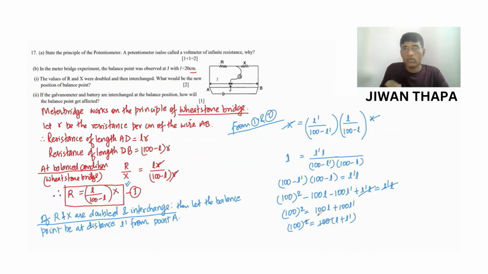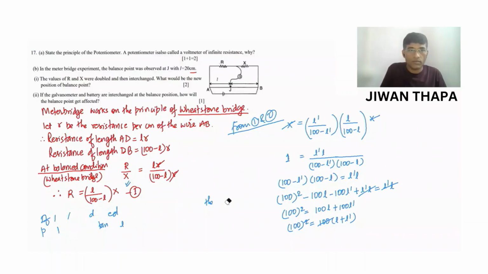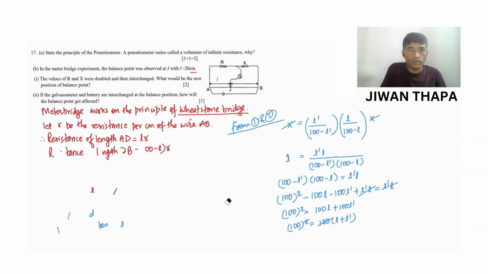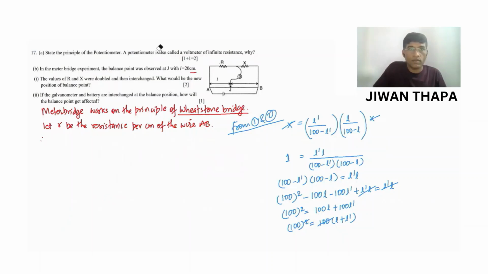So what we get now is that 100 equals L plus L dash.